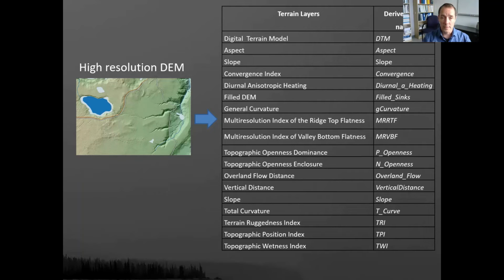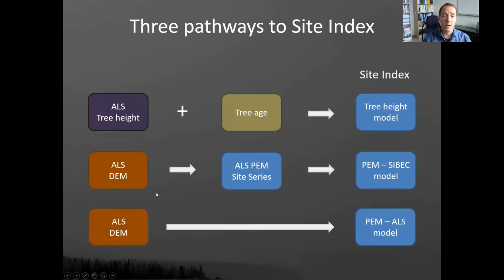Now, once we had this, the real test was figuring out how best we could actually estimate site index. And we actually tested 3 different models or 3 different pathways for getting a site index estimation.